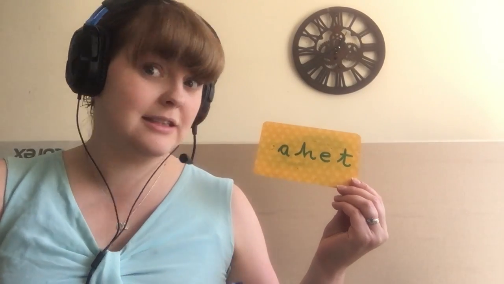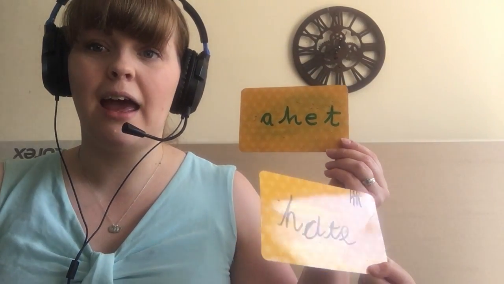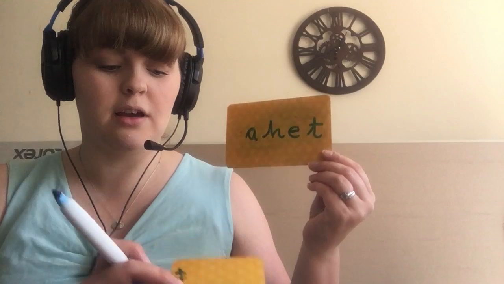Right then, we're going to have a look in 5, 4, 3, 2, 1. What are we saying? Hate. Well done. So the word hate, we've got our H, then we've got A, T, and E.